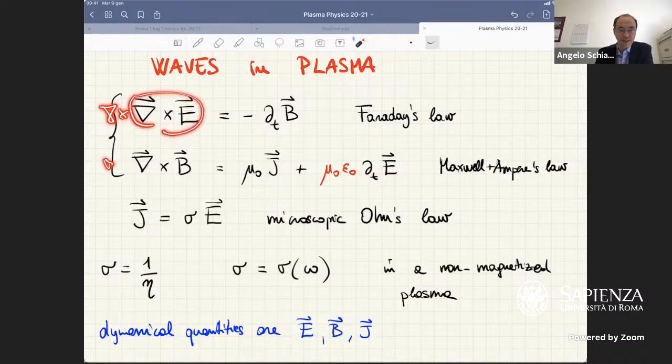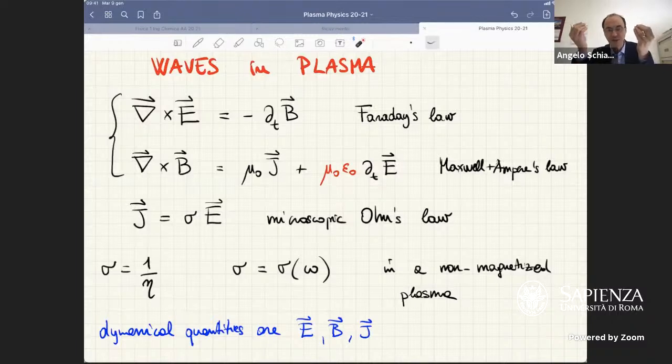The result is that we increase by one order the spatial derivative here, and we get to the D'Alembertian, a second order differential operator, which combines the second derivative with respect to space with the second derivative with respect to time, which is actually leading us to the wave equation.